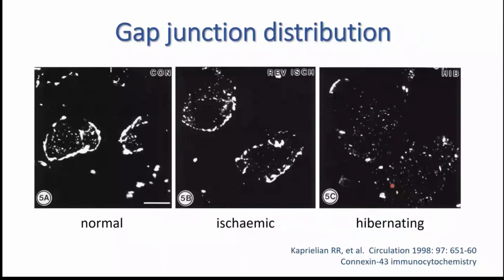And I would also doubt it because here are some of our own studies led by Rafi Caprielian, looking at something different, and this is connexin 43 immunocytochemistry. That's the protein involved in gap junctions on the end plates between the cells, and you see it around here in normal myocardium and in ischemic myocardium.